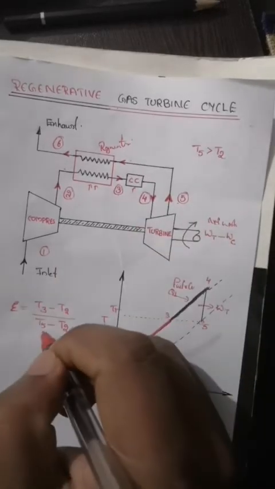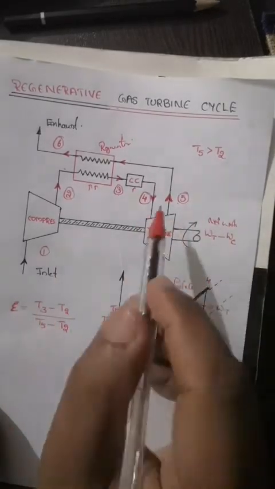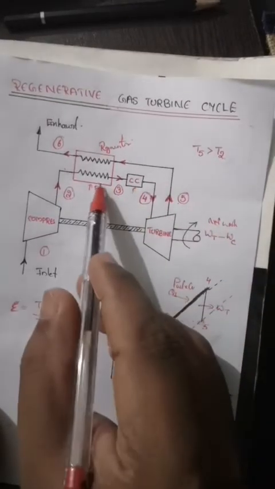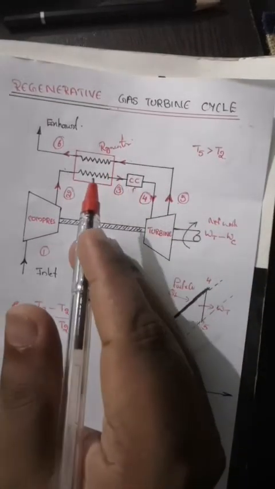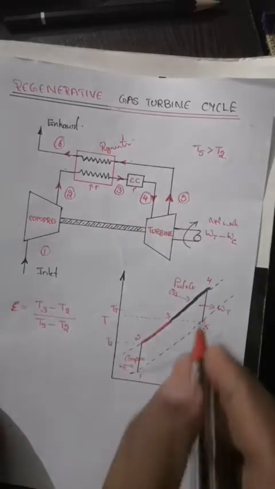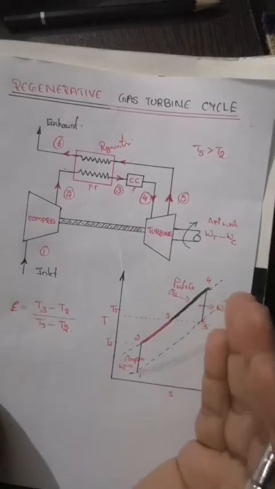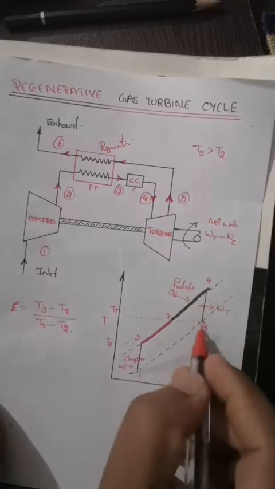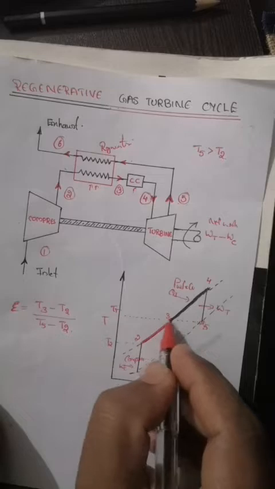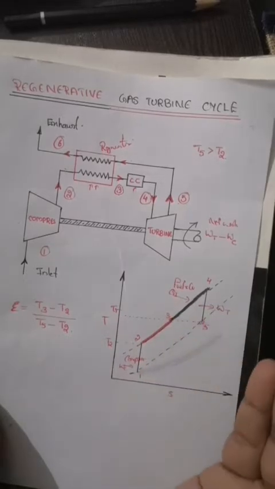If I was able to transfer all of the T5 heat energy to this regenerative cycle, then T5 would have been equal to T3. That means if it was a 100% effective regenerator system, then the temperature at point 5 will be the same as the temperature at point 3, which is just an ideal condition.